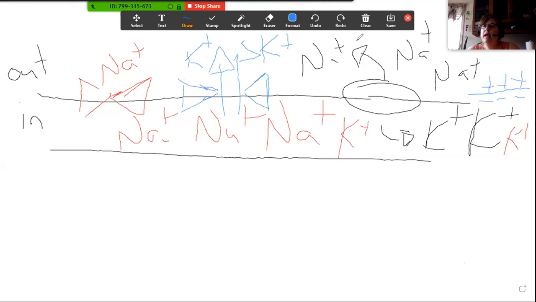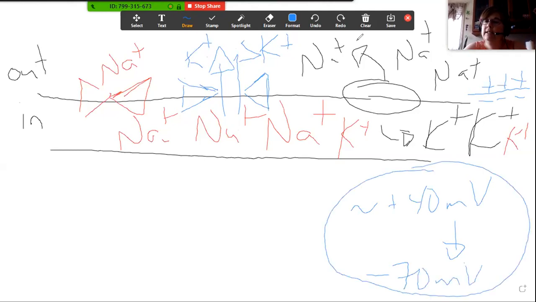Remember, at the end of depolarization, our membrane potential was around positive 40 millivolts. With repolarization, we're going to go back down to our negative 70 millivolts. So repolarization is a continuum, getting us from depolarized back to polarized. Any questions about that?